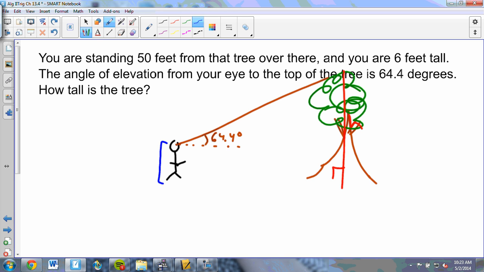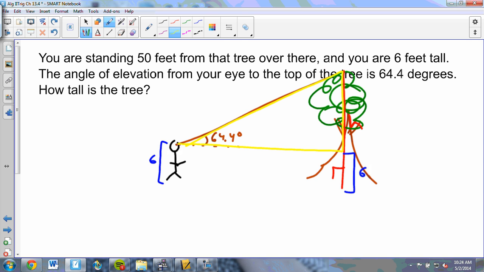So this right here is 6, which means there's a gap here that's 6. That little thing is 90 degrees. Could you make another triangle from your eyes to the bottom of the tree and then find the length there? Yeah, we're playing with that yellow triangle now.